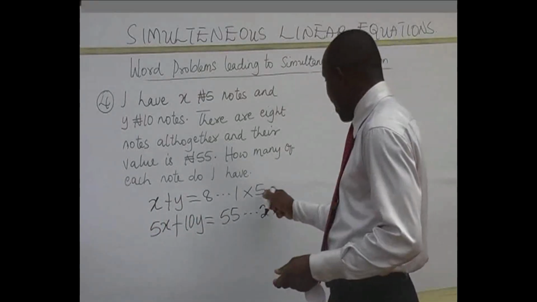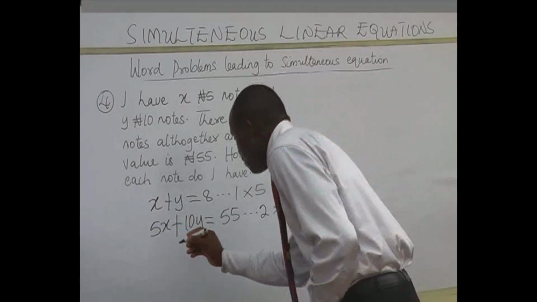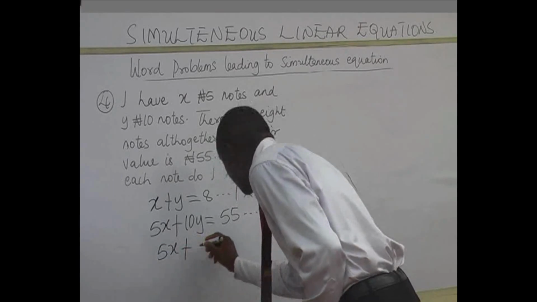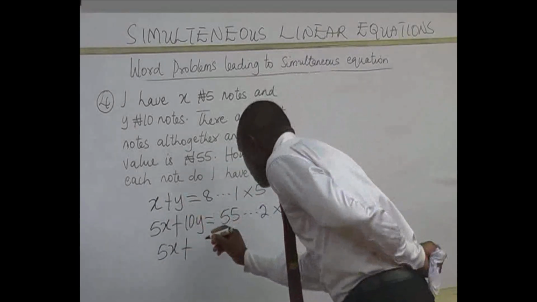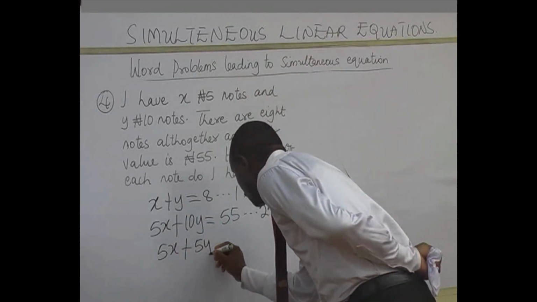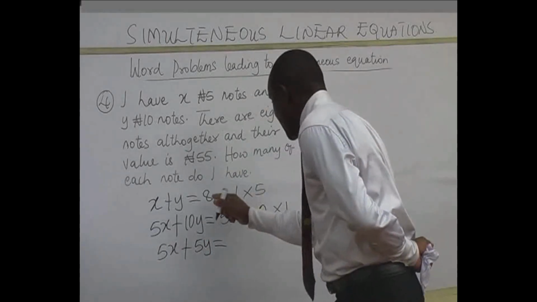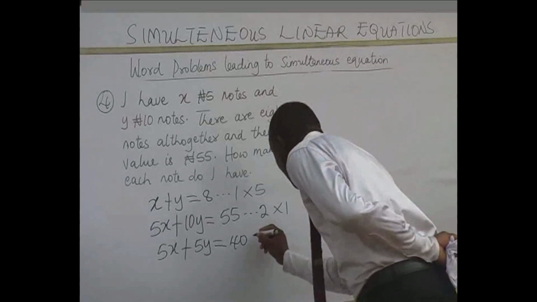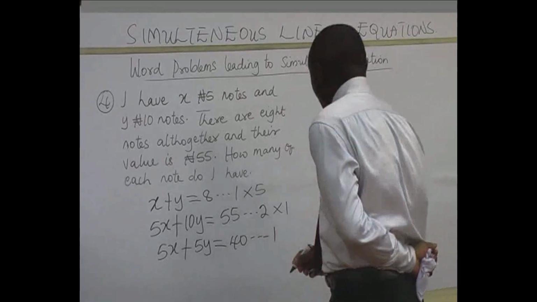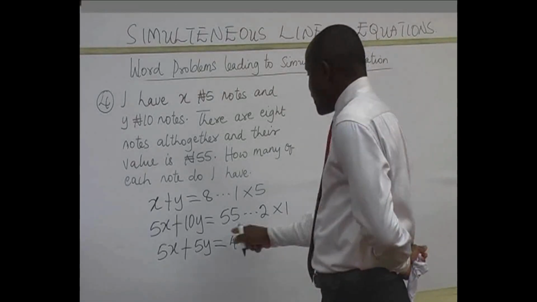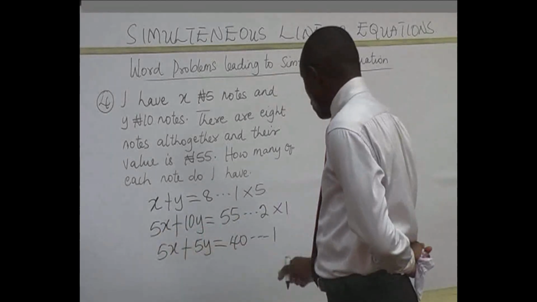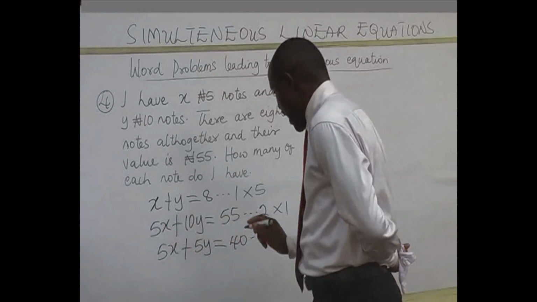When you do that, you now have that 5 times X will give you 5X, plus 5 times Y will give you 5Y, is equal to 5 times 8 will give you 40. This is now our equation 1. 1 times anything is that thing. So multiplying equation 2 by 1 will give you equation 2, the way it is.